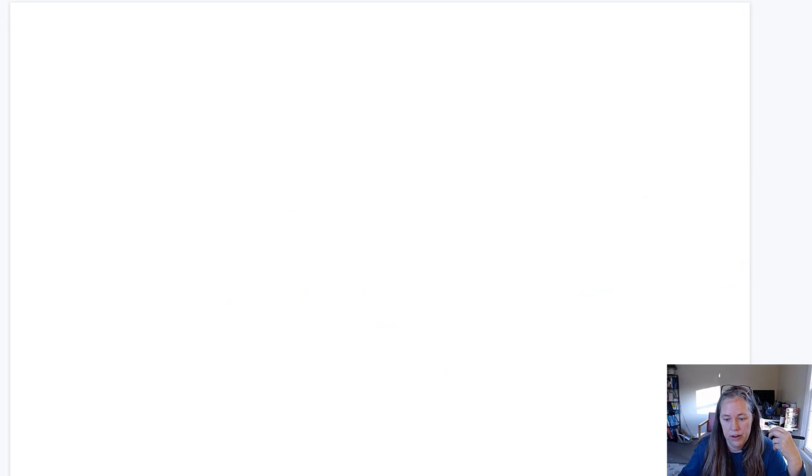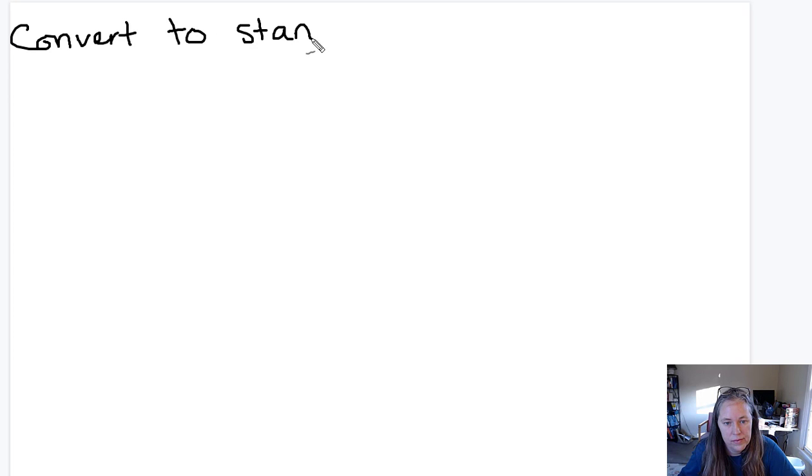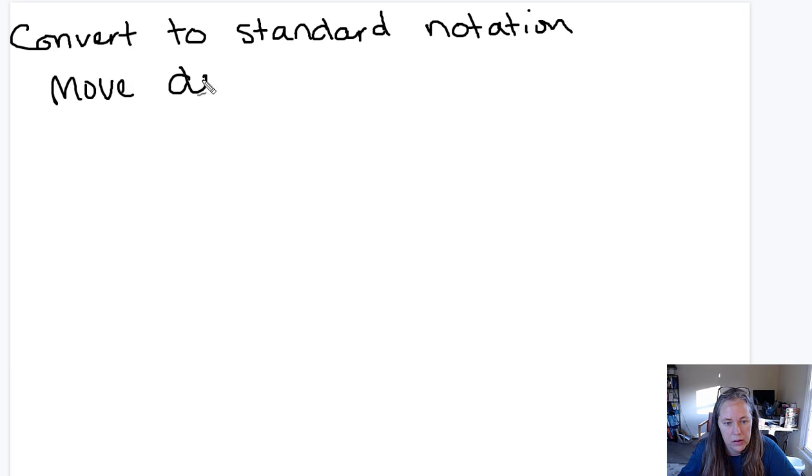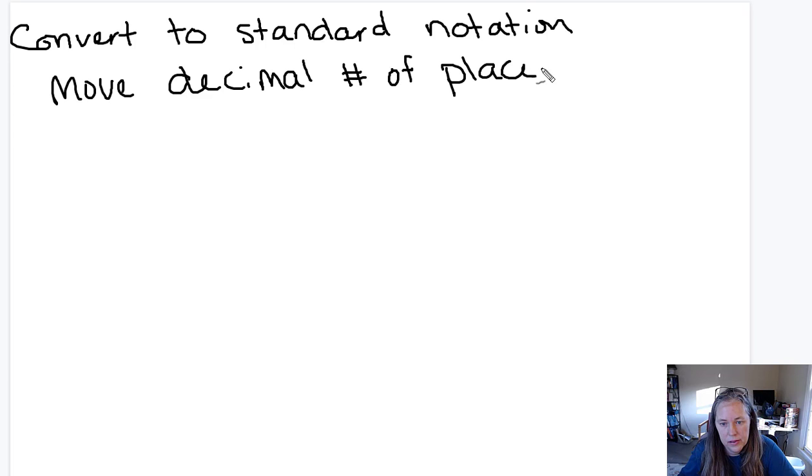So to convert to standard notation, you're going to move the decimal the number of places that is the power of 10.